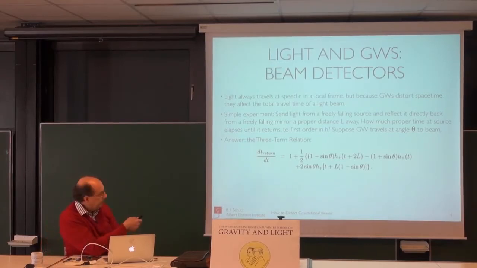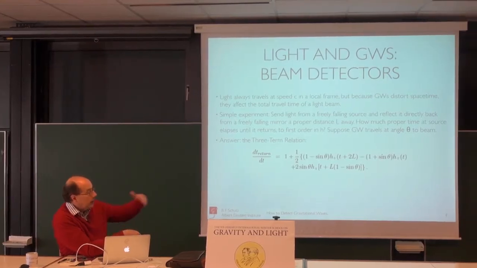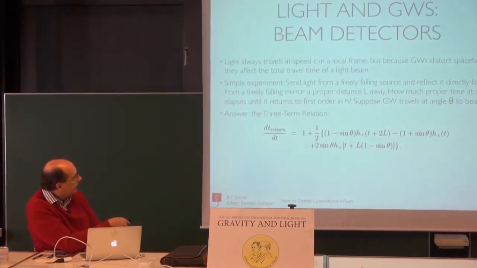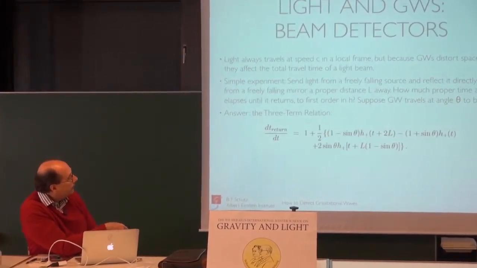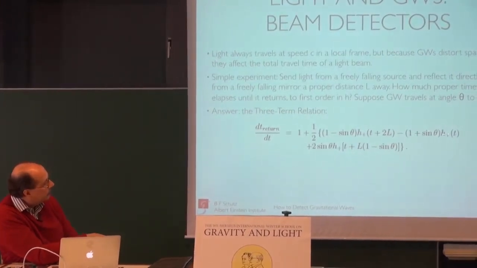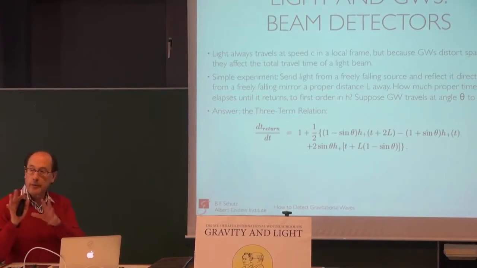That's what theta is. And the answer for this return time is, I'm going to monitor the return time as the rate of change of the return time. So the t here is the proper time on my local clock, and I'm just going to say what's the time variation of the return time. And you see a gravitational wave amplitude H plus. H plus is one of the polarization states.